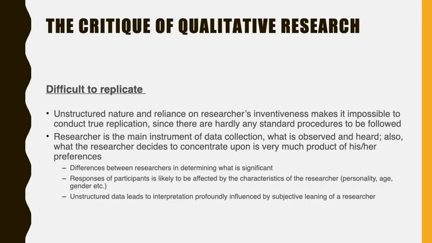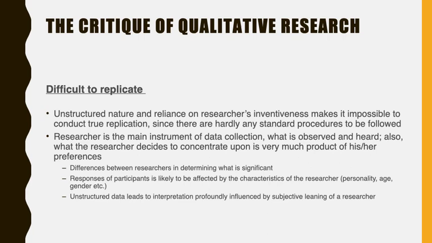It's also extremely difficult to replicate. Because of the unstructured nature and the reliance on the researchers' opinions, it's really hard to replicate qualitative research. And this brings problems of its own because science should be able to be tested by anyone over time in different groups the exact same way in order to determine if a finding is real.